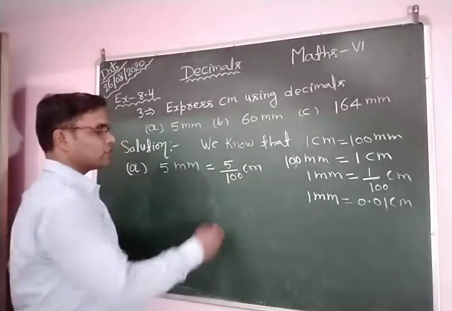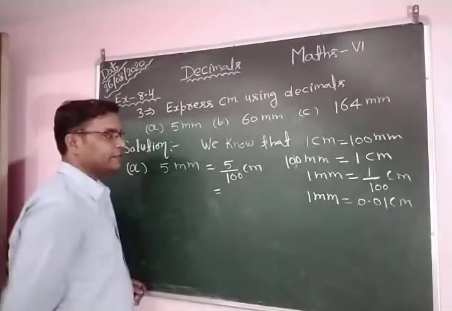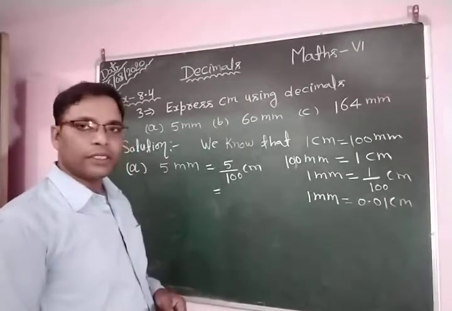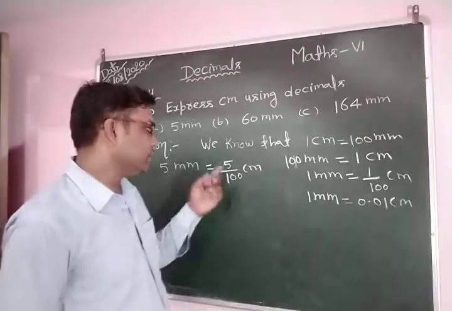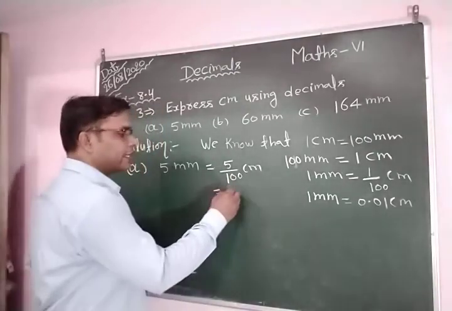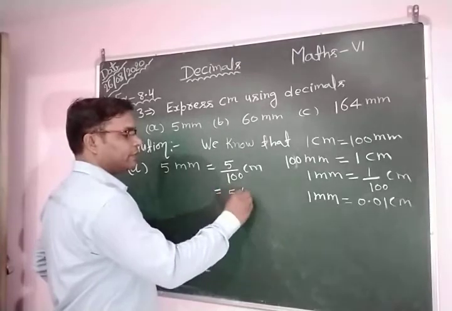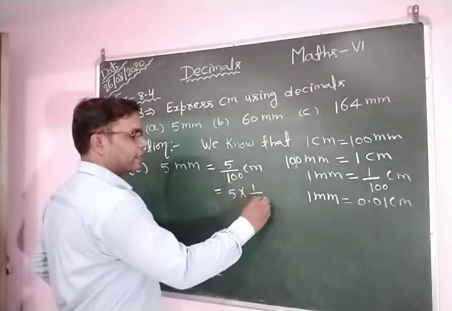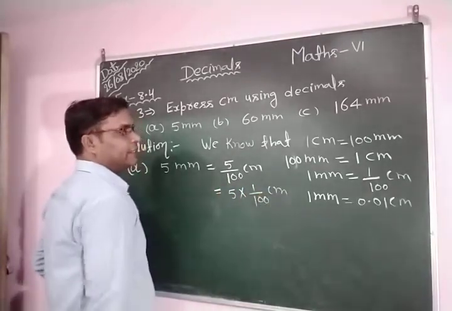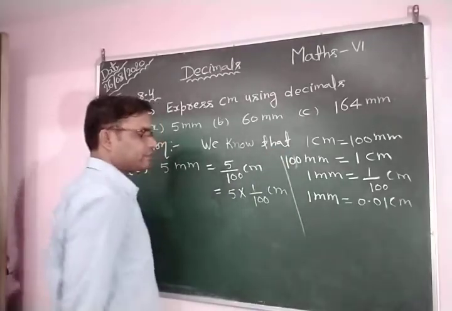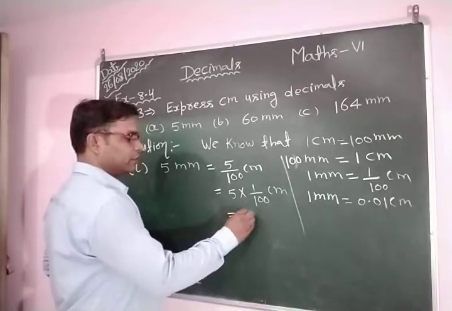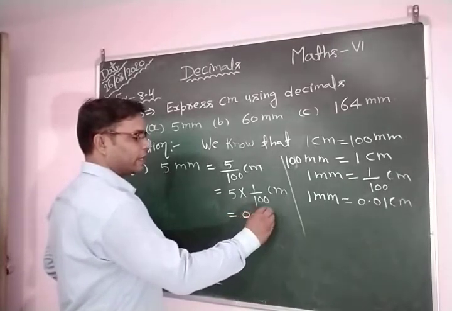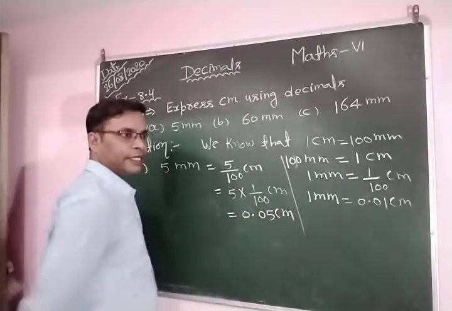Also you can convert 5 by 100 into decimals. You can write it as 5 into 1 by 100 centimeter. This is the 100th place, so it becomes 0.05 centimeters.